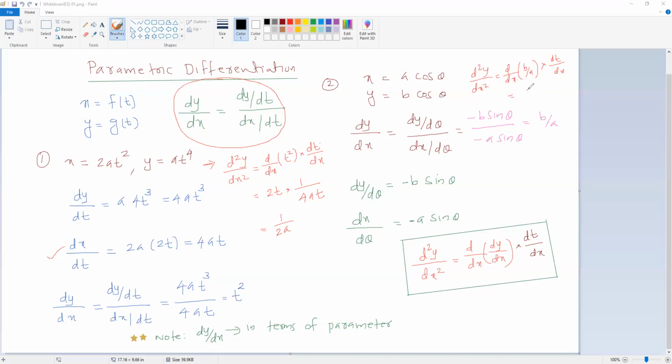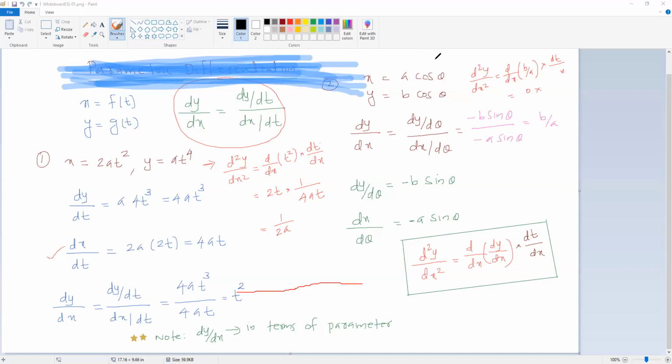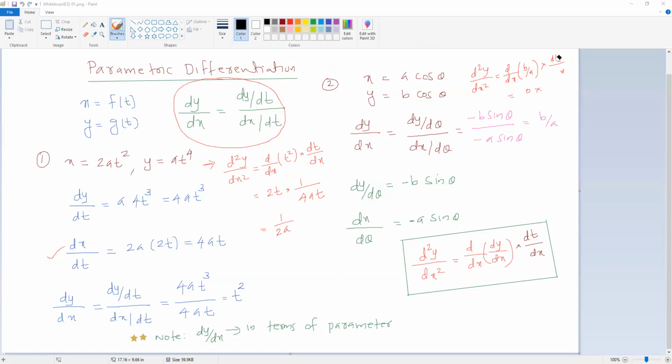Now b by a is constant, so 0 into whatever it is, you will get 0. Here it was d theta, the variable was theta, so it is derivative of theta with respect to x. dx by d theta you have here, which is minus a sin theta, so its reciprocal is 1 divided by minus a sin theta. So whatever it is, 0 into anything will be 0 only.